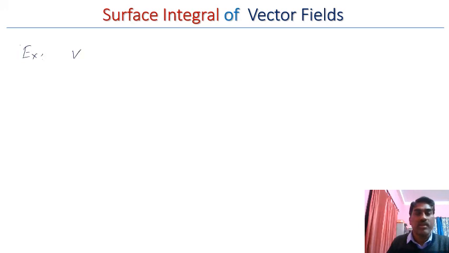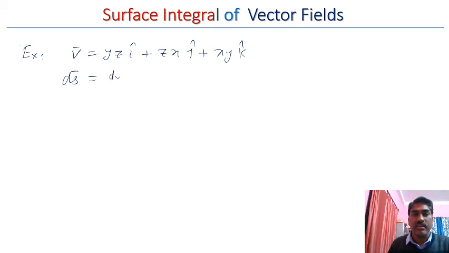So what was V? V was yz i plus zx j plus xy k, and what was dS? dS we have already discussed.